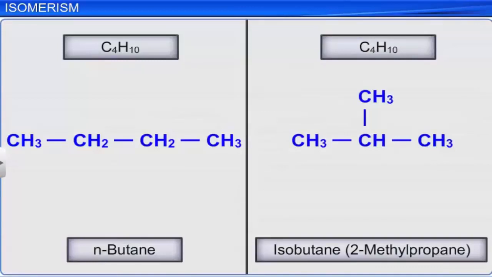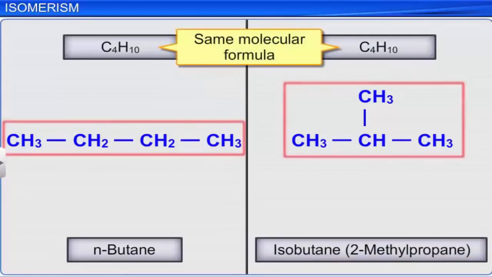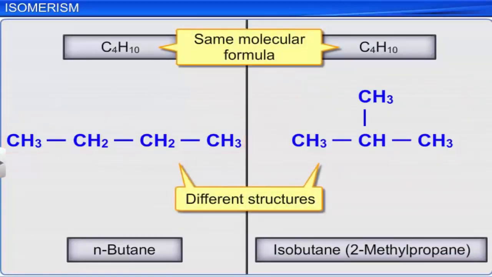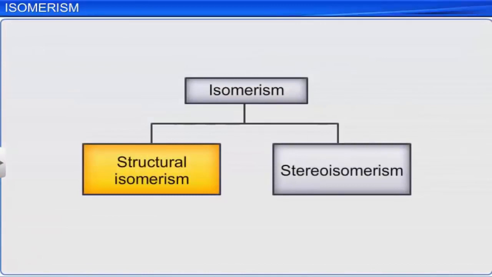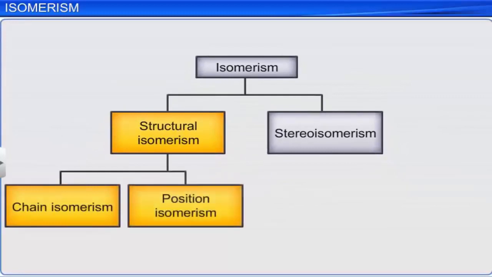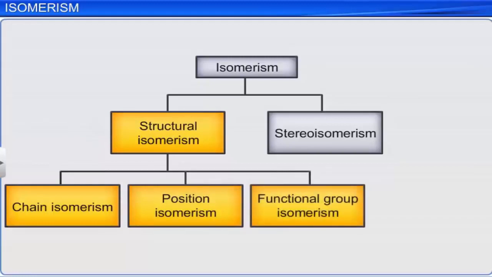For example, in N-butane and isobutane, the molecular formula is same but their structures are different. Thus, they are structural isomers. Structural isomerism can be of following types: chain isomerism, position isomerism, functional group isomerism, and metamerism.